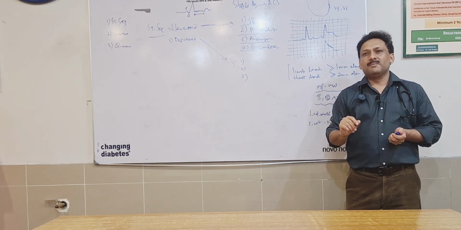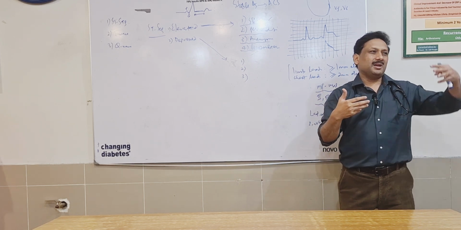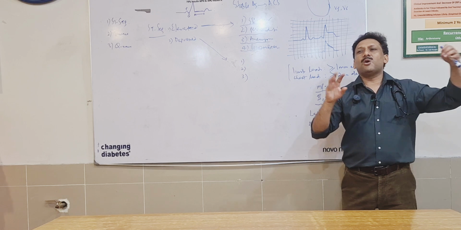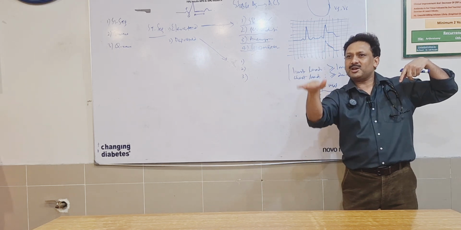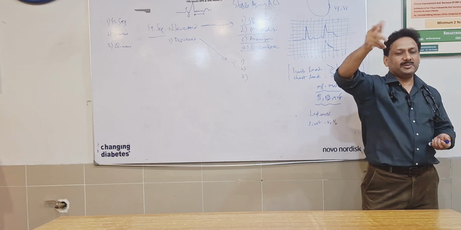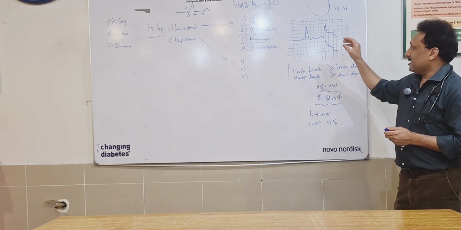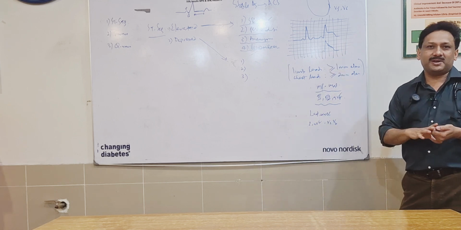Posterior wall MI, a person would have elevation in V7, V8, V9 leads, or actually depression in V1, V2, as we would be seeing the mirror image. So that would be wall specific.